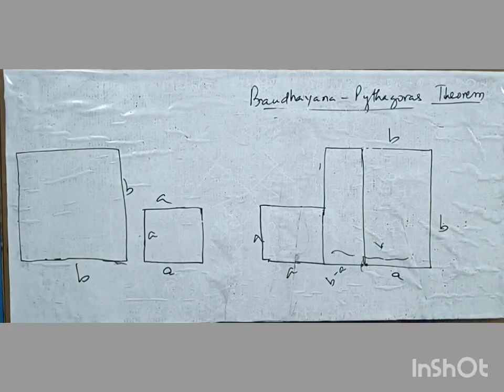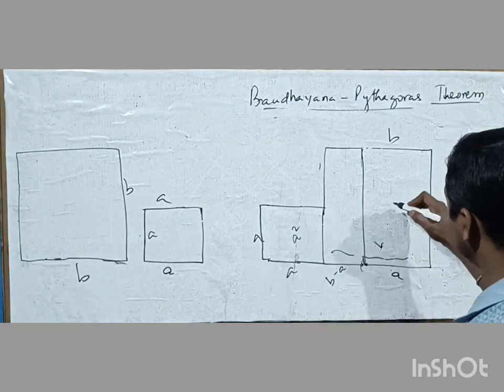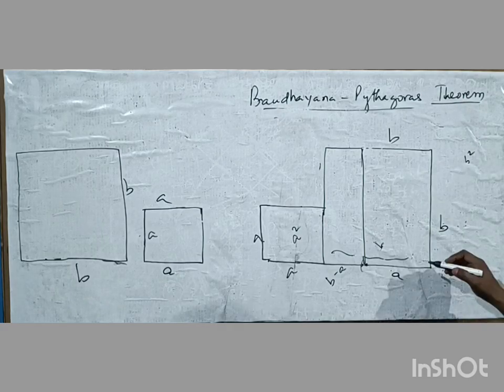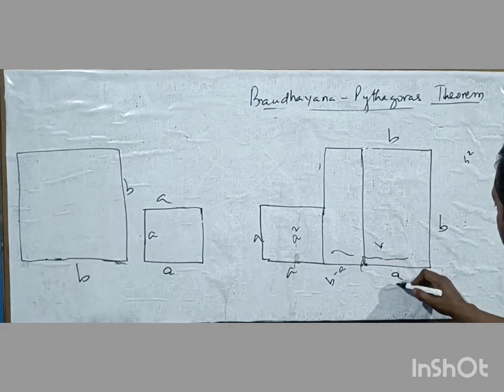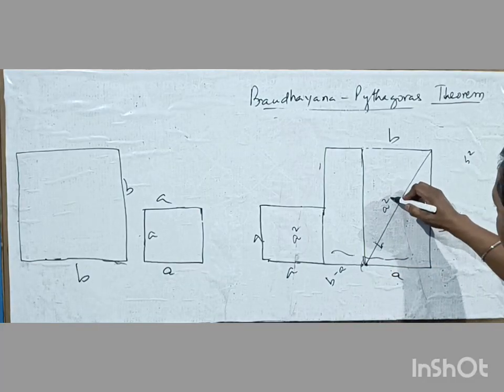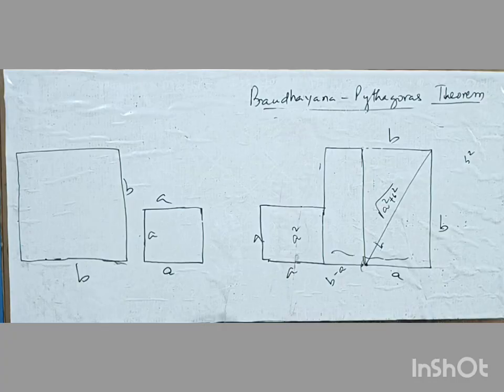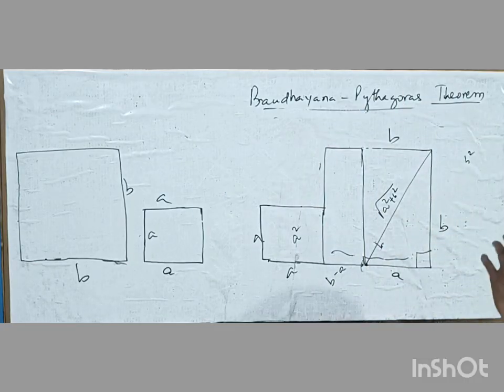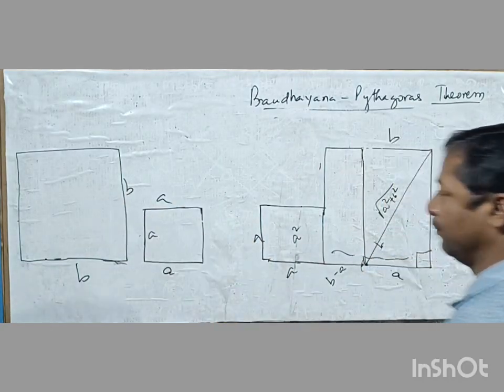Okay, now this is A square, the total area is B square. Now this is A side, this is B side. So the hypotenuse will be the square root of A square plus B square. This is the right angle triangle. So if I draw a square here, I will get a square whose area will be the sum of these two.